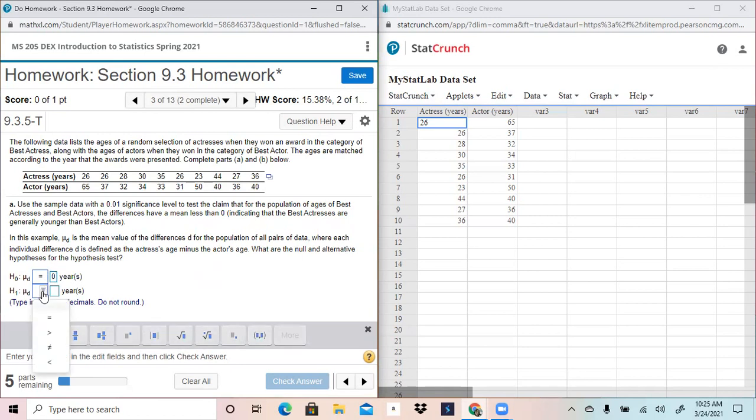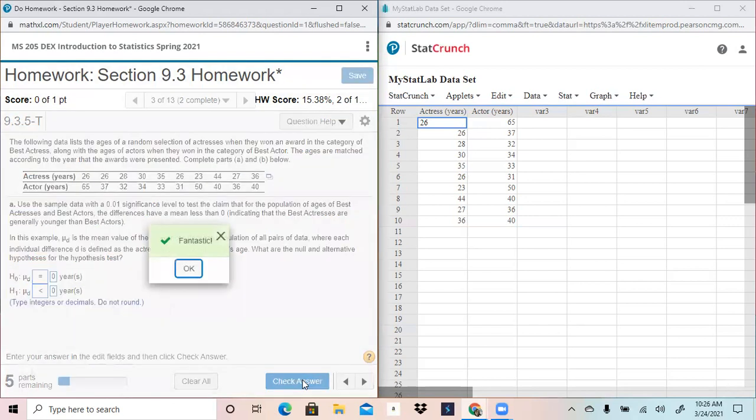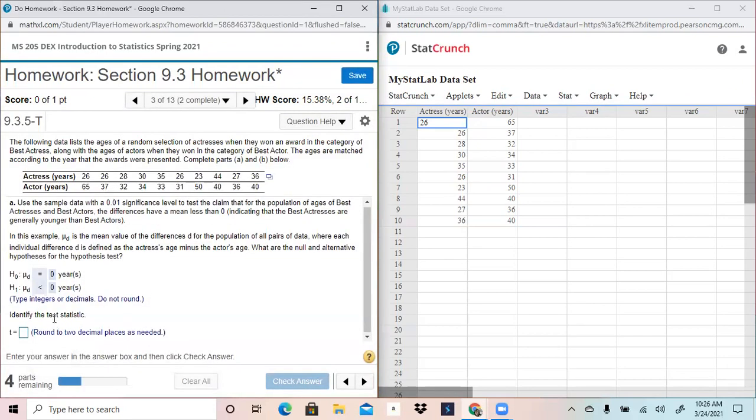The alternative hypothesis, our claim, is that the difference is less than 0. So we'll say literally mu sub d is less than 0. That's the same thing as saying it's negative. Make sure you do not round off your 0.